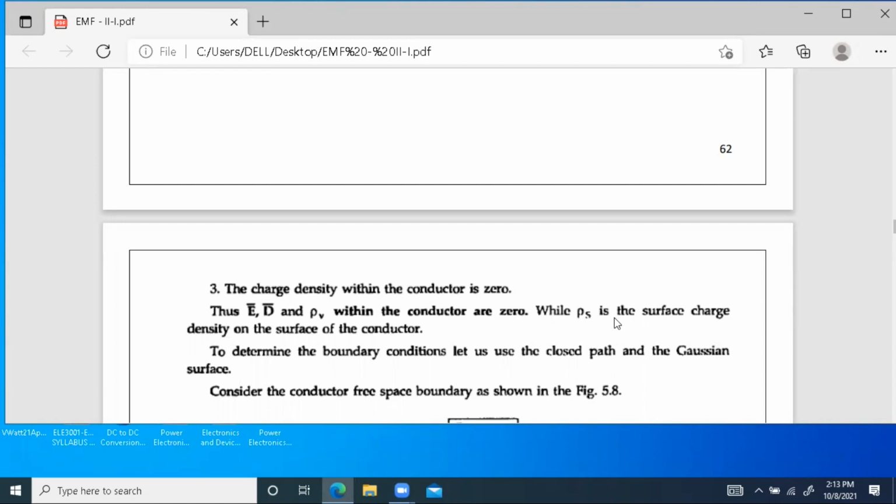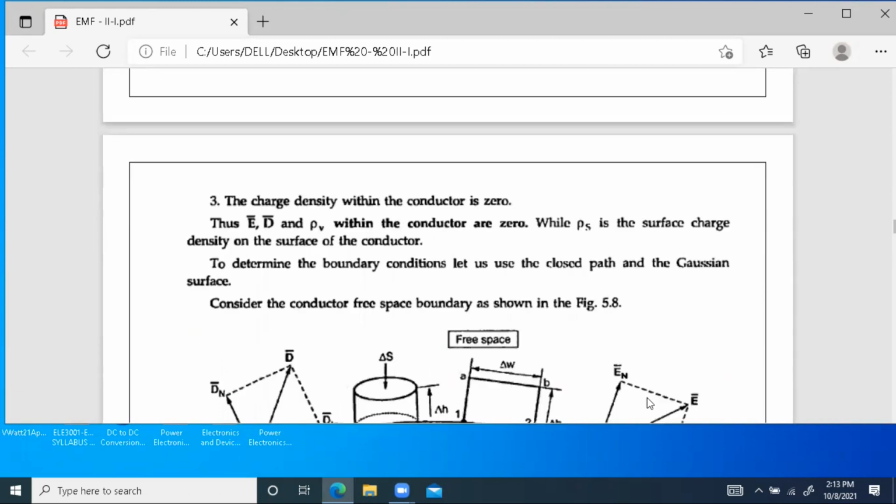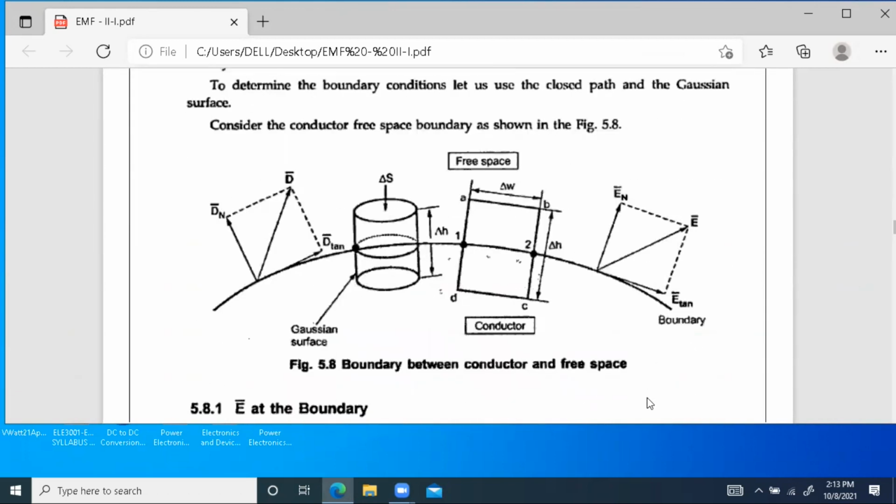So to determine the boundary condition, let us use the closed path of the Gaussian surface. Consider the conductor free space boundary as shown below. So this side is your conductor. This is free space.